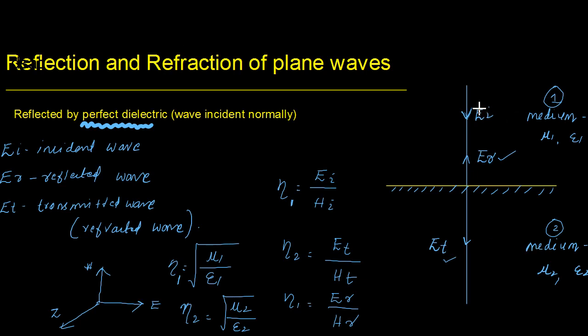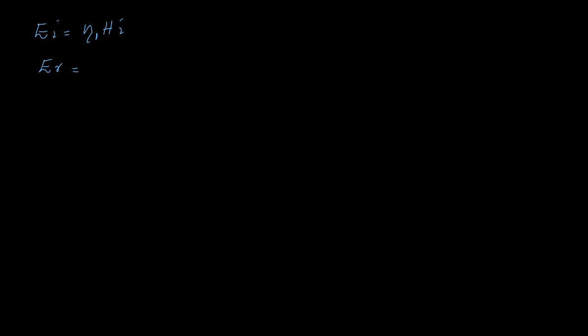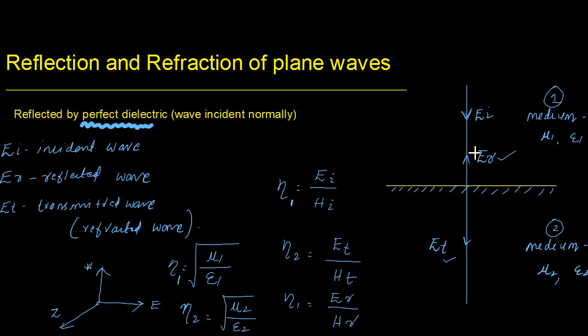EI, the incident ray, we can write as eta 1 HI, and similarly ER is, for reflected waves, with a minus sign, because the directions of the incident wave and reflected wave are opposite.